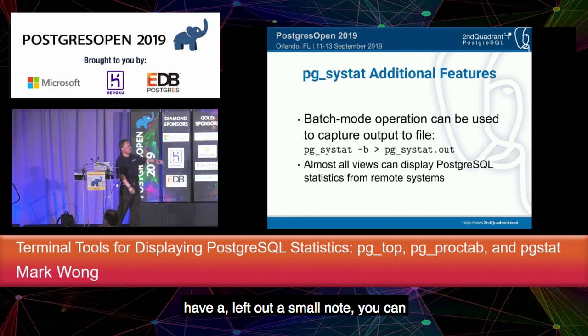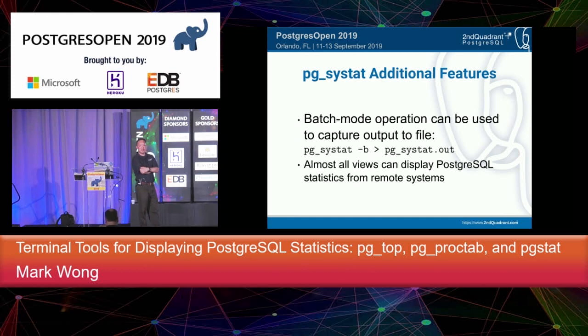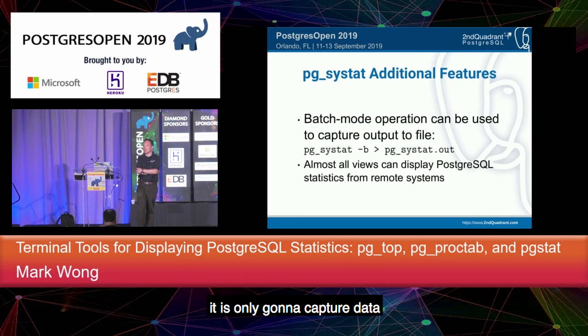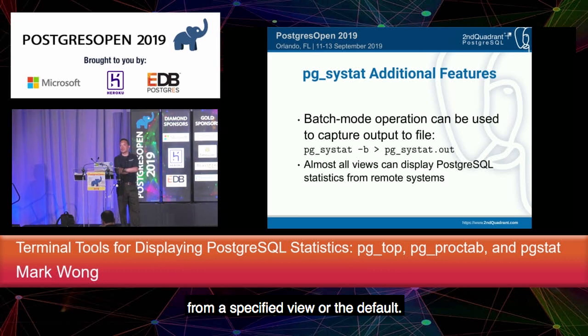A small note: when you're running this on the command line, you should select the view that you want to capture data from. It is only going to capture data from a specified view, or the default, which is the PGStat database table.